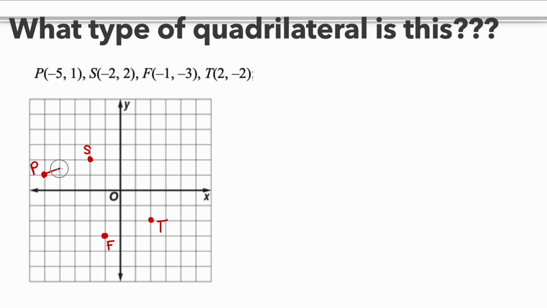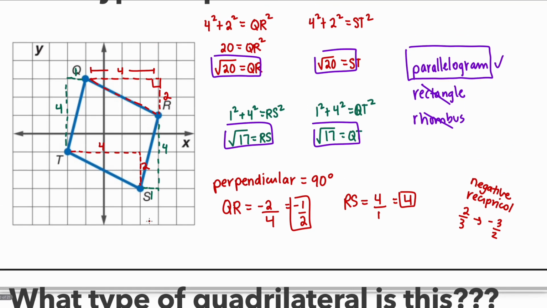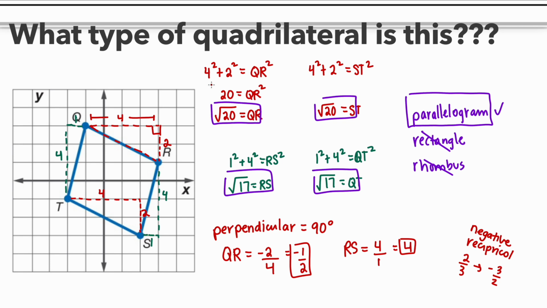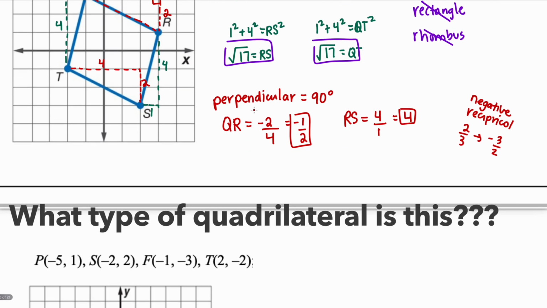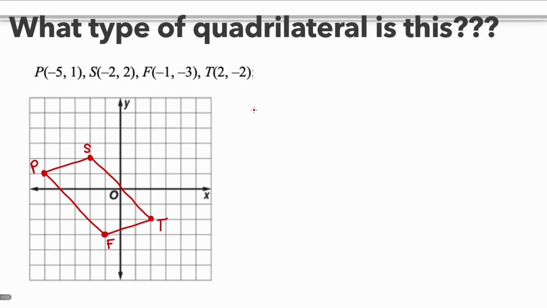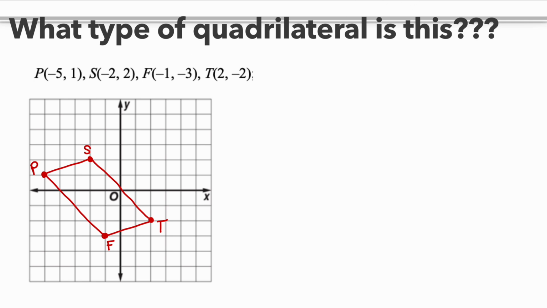So we are looking for what type of quadrilateral this is. Instead of doing the actual Pythagorean theorem, we could actually just do the slope.